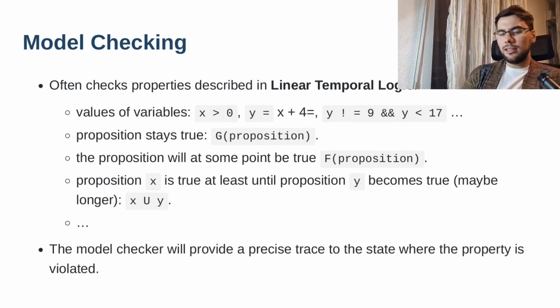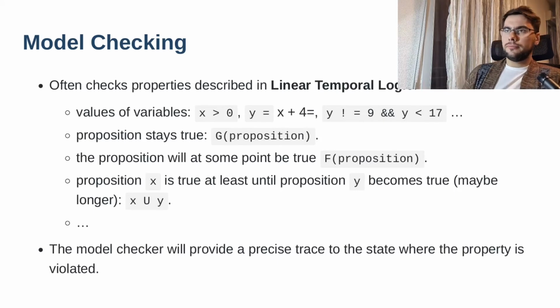However, classical logic doesn't have a modality of time. For example, we are unable to express that the variable x is not yet greater than 0, but it will certainly become greater than 0 somewhere in the future. A more fitting variant of logic is called linear temporal logic. It adds several quantifiers over propositions.